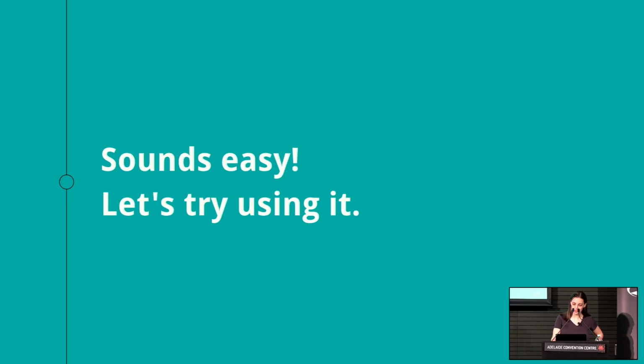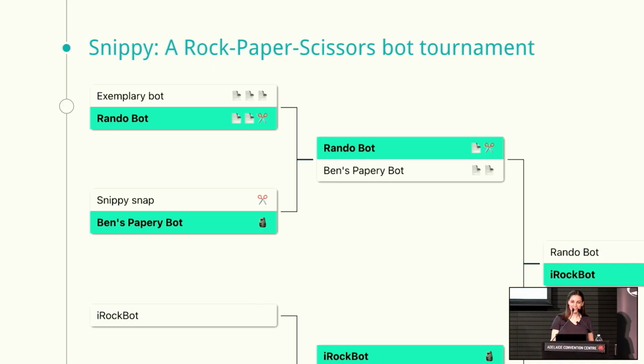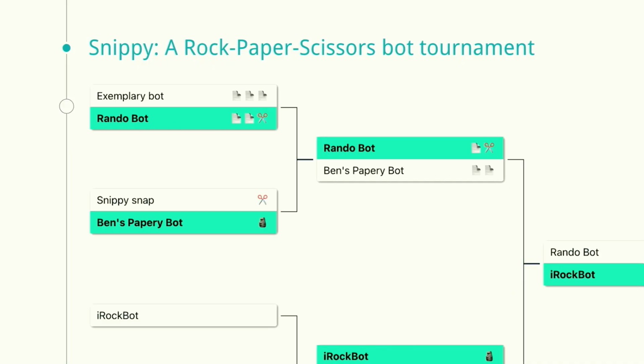And now we can use that outside the browser as well to maybe sandbox other untrusted code other than web pages. And in order to test this out, we have a little demo tool that I've built here. It's called Snippy. It is a rock, paper, scissors bot tournament where anybody can upload a bot in the language of their choice, compiled to WebAssembly, and play rock, paper, scissors against each other.